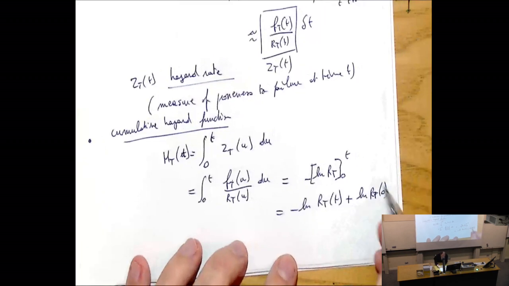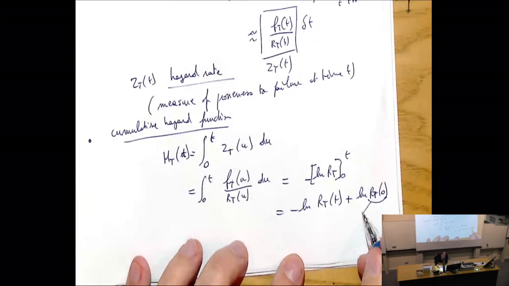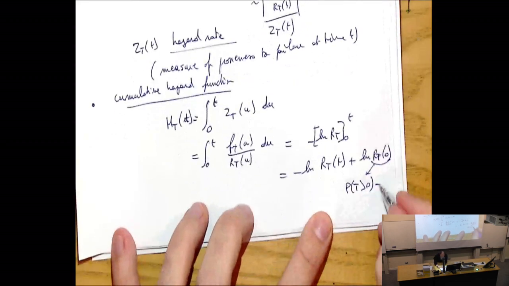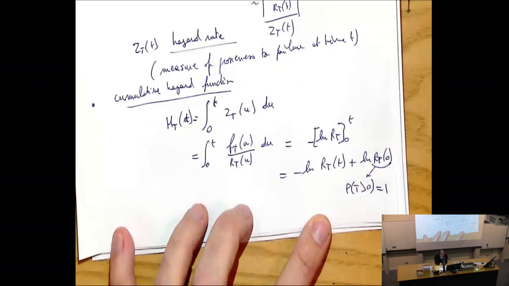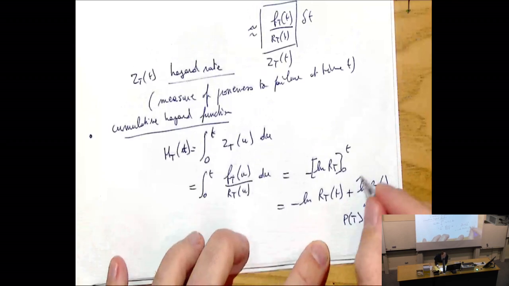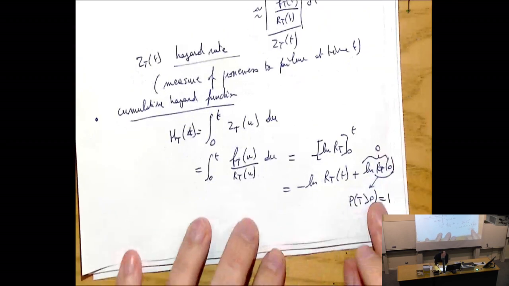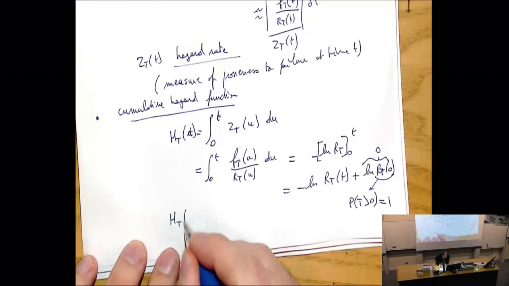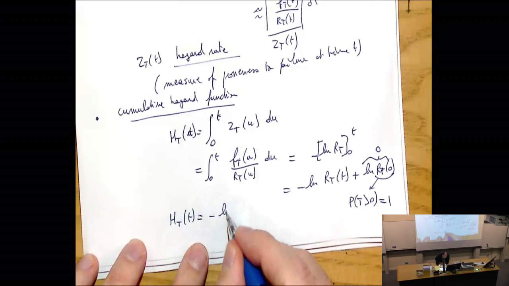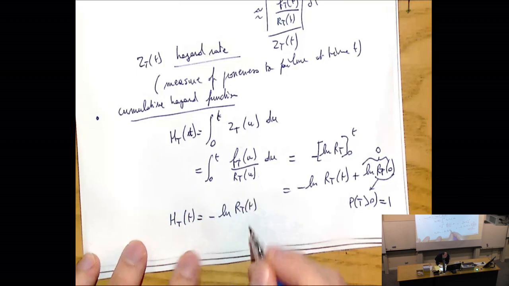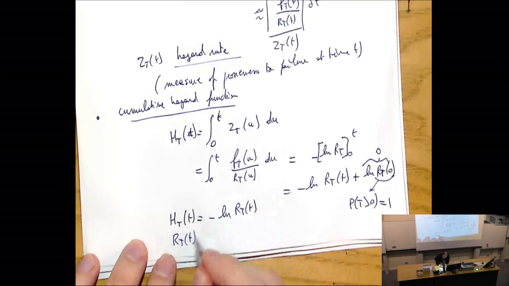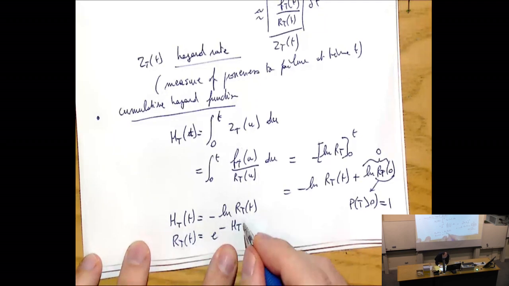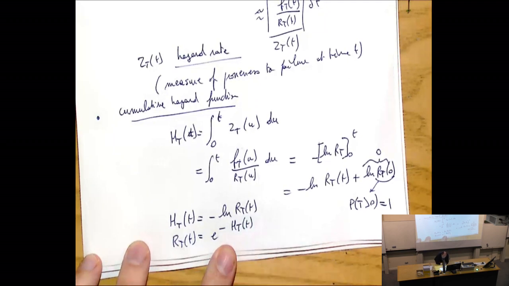What is this reliability function evaluated at 0? This is the probability that t is larger than 0. This is equal to 1 because t is non-negative, so this quantity becomes 0. And so we have a relationship that says the cumulative hazard function is minus ln of the reliability function, or in other words, the reliability function is exponential of minus the cumulative hazard function.